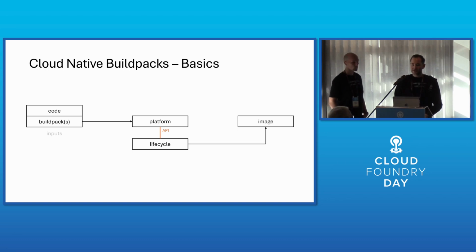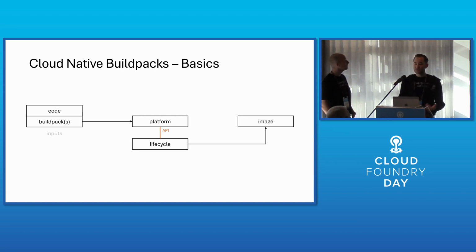Another lifecycle phase is building, where each detected buildpack runs some actions and provides layers to the final image. And last but not least, there's an export phase, where the final Docker image is written somewhere. In case of pack, that's the local Docker daemon, but it can also be written directly to a container registry.